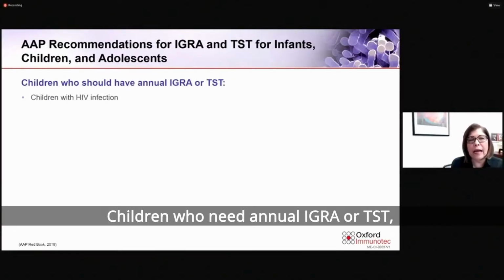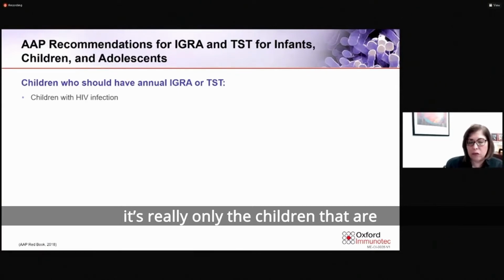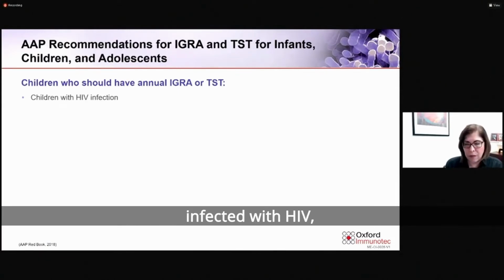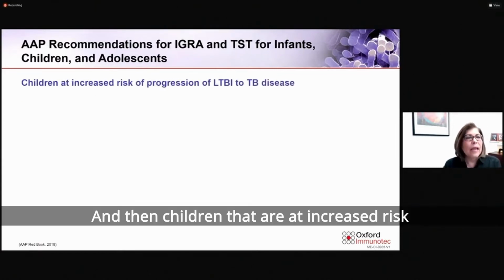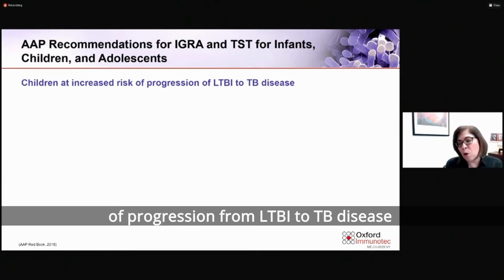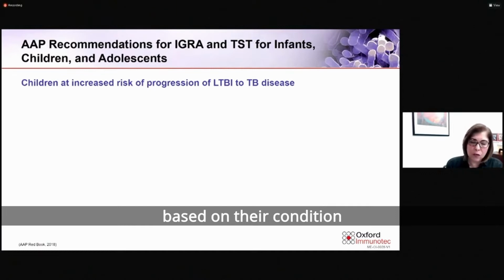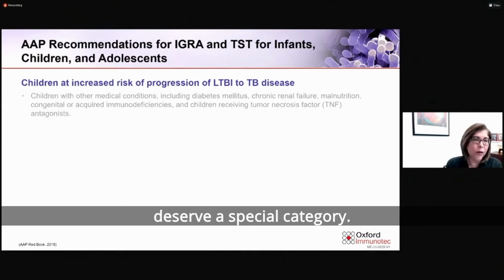Children who need annual IGRA or TST are really only the children that are infected with HIV. And we do that in my clinic. Then children that are at increased risk of progression from LTBI to TB disease based on their condition deserve a special category.